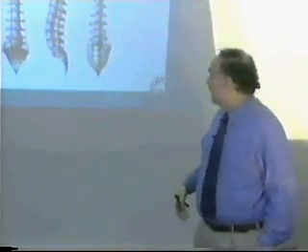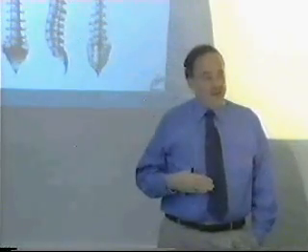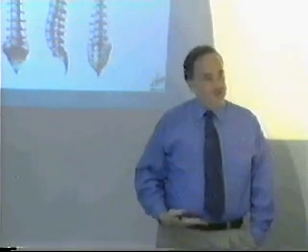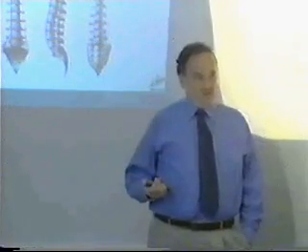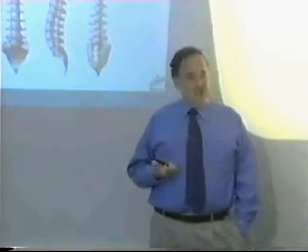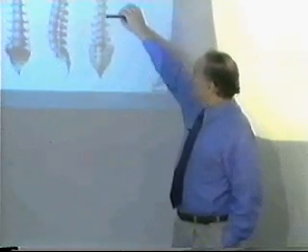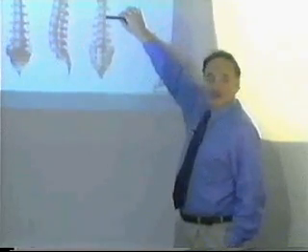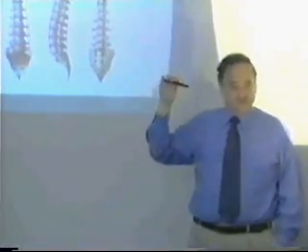Okay? The other point to remember is the reason we do lumbar puncture at that level is because we want to be below the bottom end of the spinal cord. We don't want to do a lumbar puncture where the spinal cord exists because that would damage the spinal cord. So the point to keep in mind here is that in the average adult, the spinal cord ends at about the L1, L2 vertebral level, somewhere around here. Remember, that's an average.